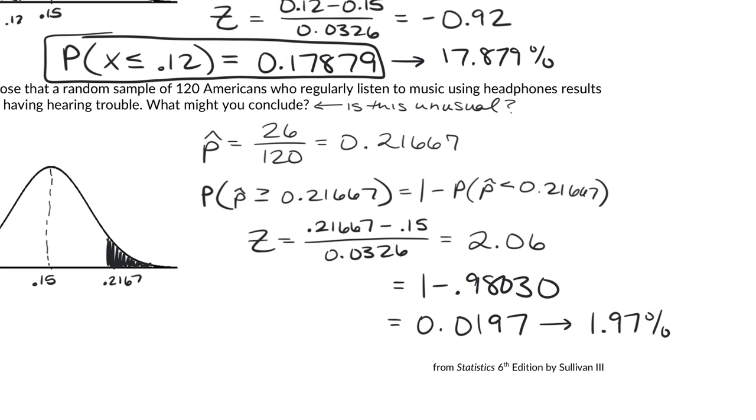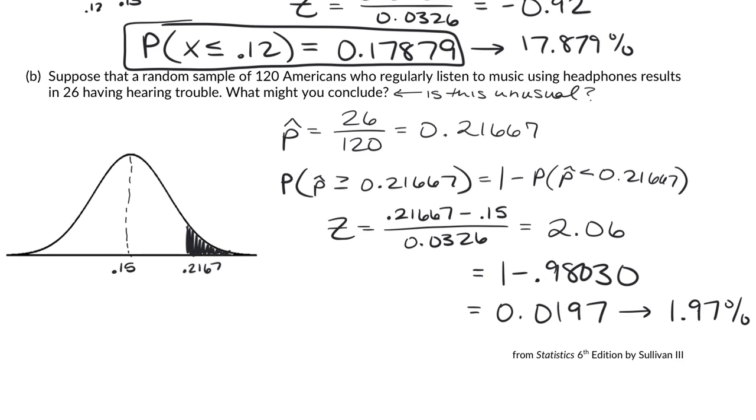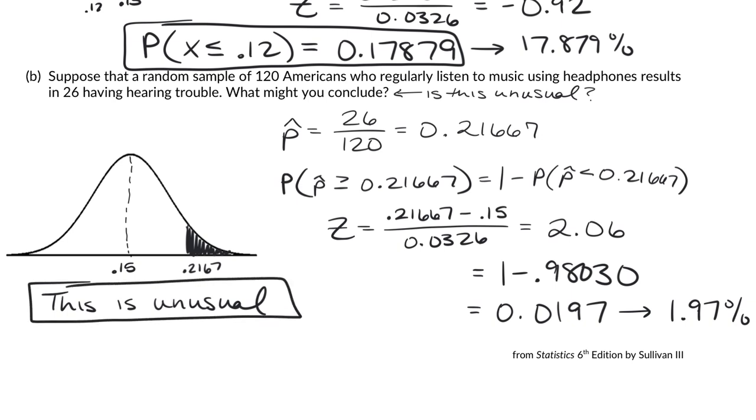So is this pretty unusual since my probability is 1.97%? Yes. Our percentage makes this unusual. That's an unusual population for us to find that have hearing troubles.